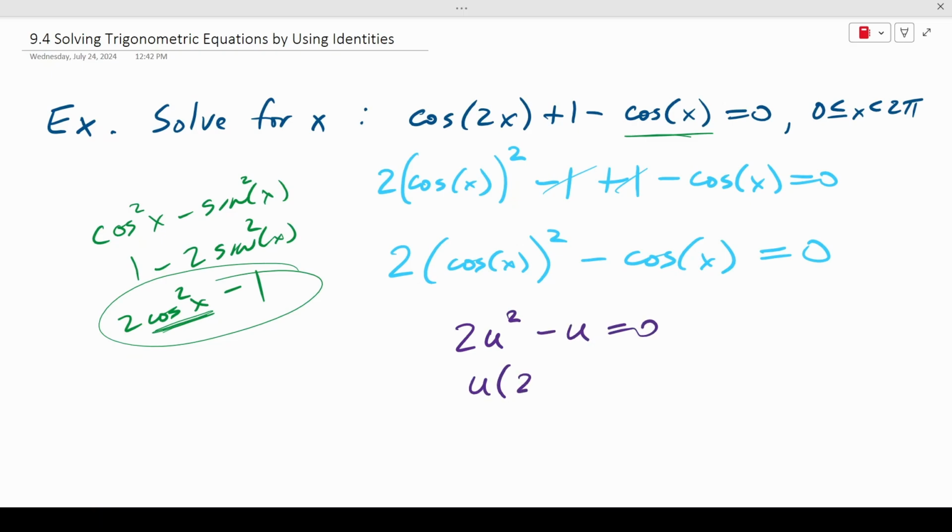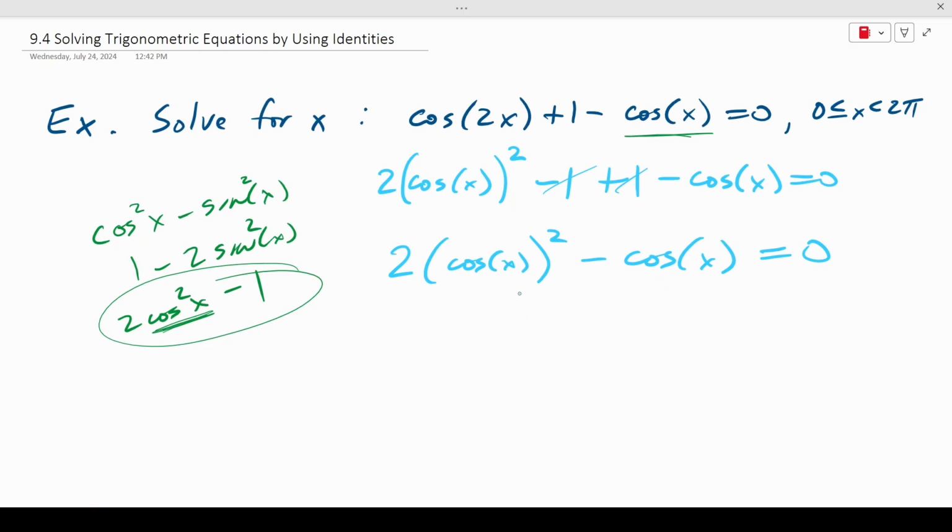Well, we'd factor out a u, and we'd say, okay, the only way that the left-hand side can be 0 is if u is 0, or if 2u minus 1 is 0. I'm going to do exactly the same thing. I'm not going to actually use this dummy variable here. I'm going to do it directly because I can do that much work in my head.